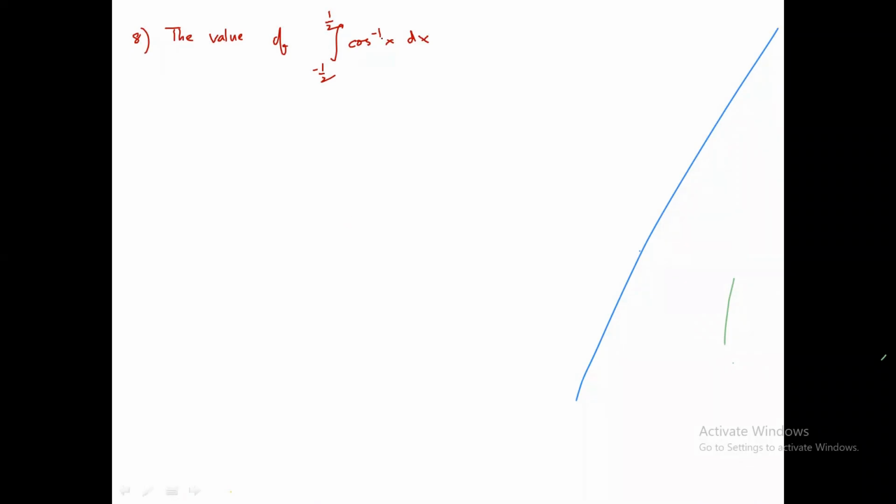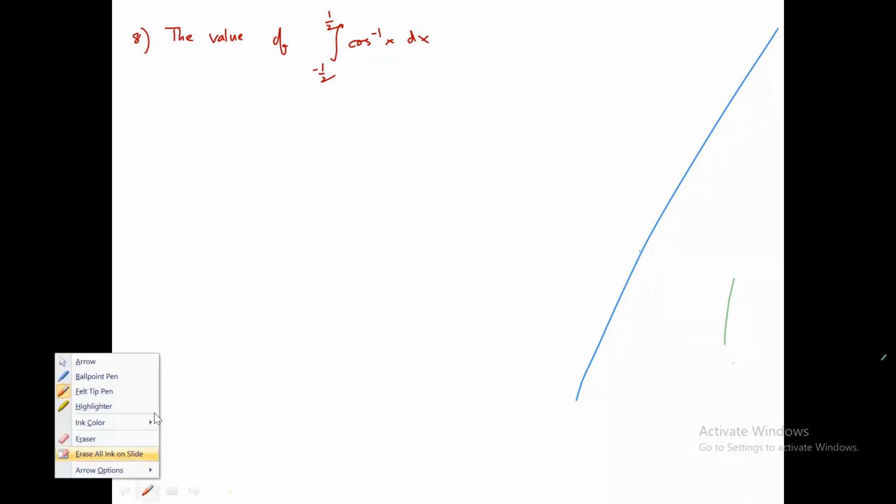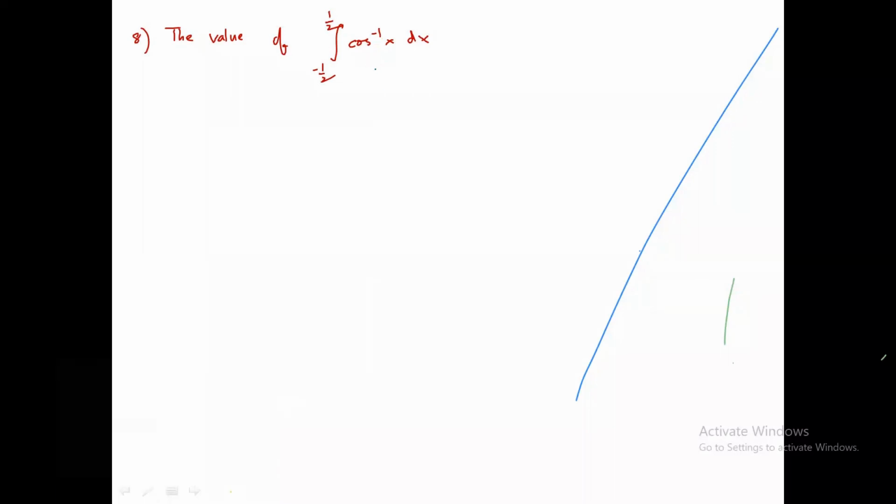When you use integration by parts, which one should come first? Which one should come next? This is inverse trigonometric function and dx is algebraic function. So it is following the order of ILATE.